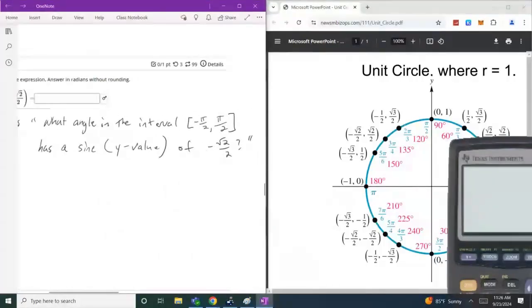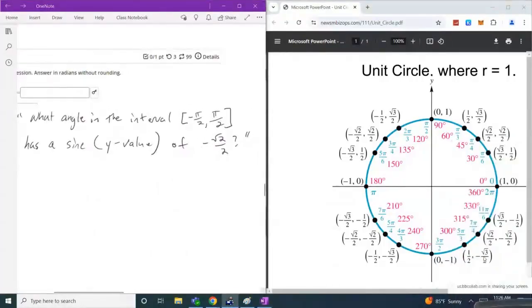What angle in the interval from negative pi over 2 to pi over 2, so notice we're concentrating on the right-hand side, has a sine or y value of negative square root of 2 over 2?